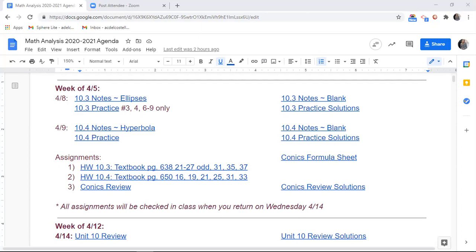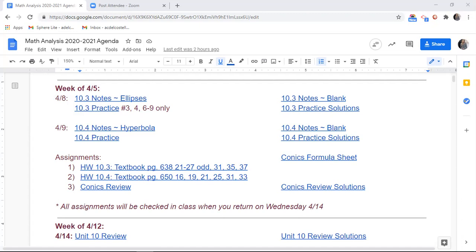Your A value is what you're always going to be looking for, and that's the biggest value, and that determines what's called your major axis. So when your A squared is over your x term, this would have what we call a horizontal major axis.